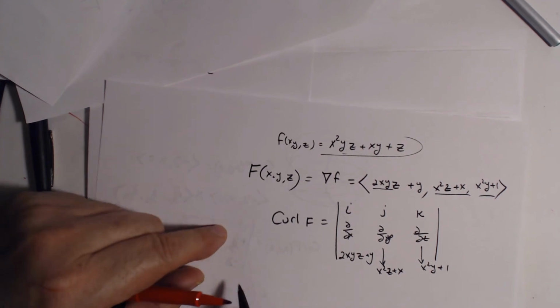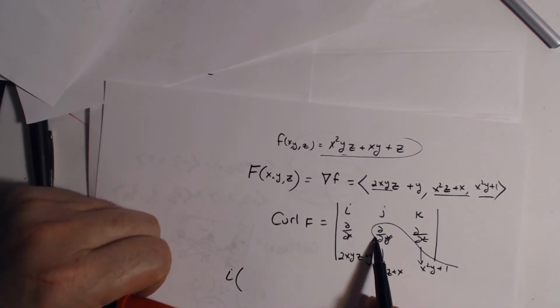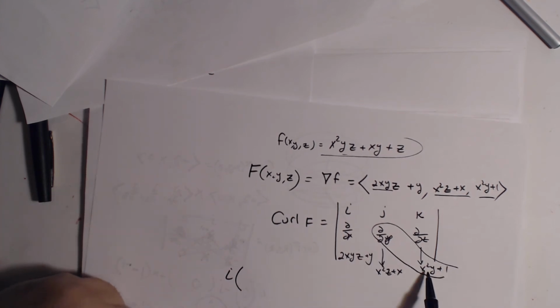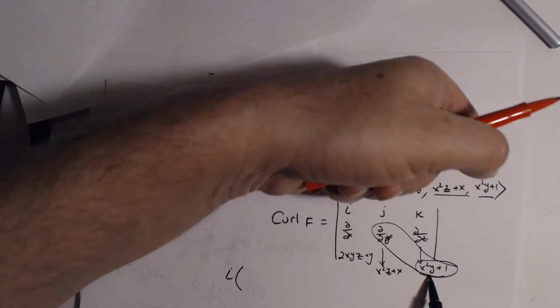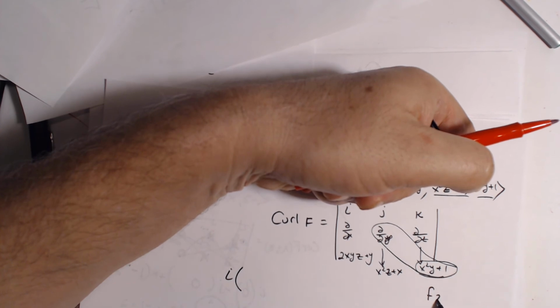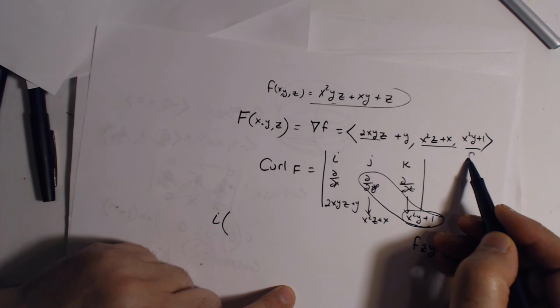If I go find my i component, this is partial derivative of y, but this was also partial derivative of z. Pretty much you're doing f of zy, because this is partial with respect to z.